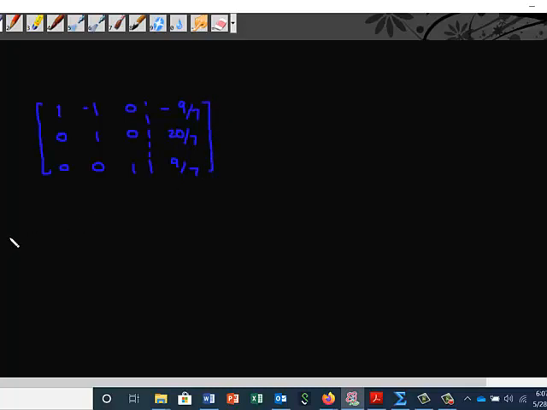Okay, our last algorithm basically, and our last position will be getting a 0 here in this position. So we're going to add row 2 to row 1 to get the new row 1.